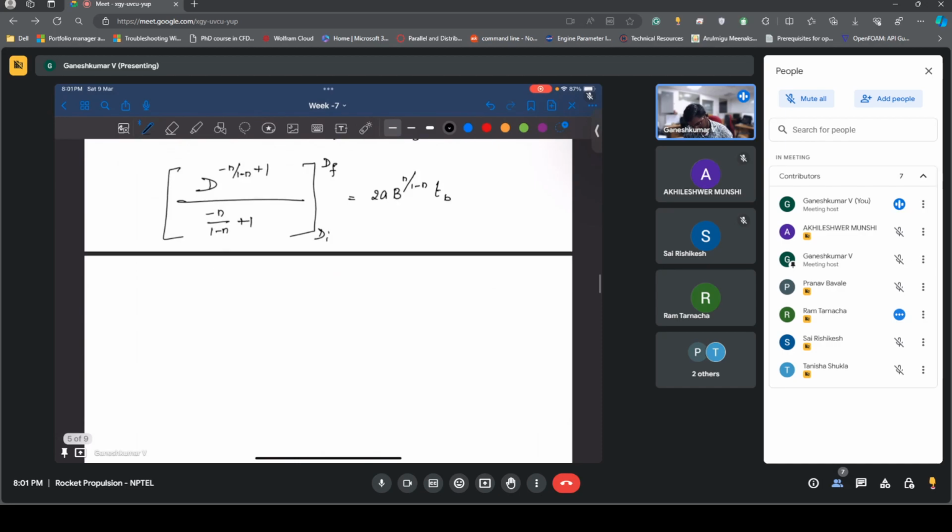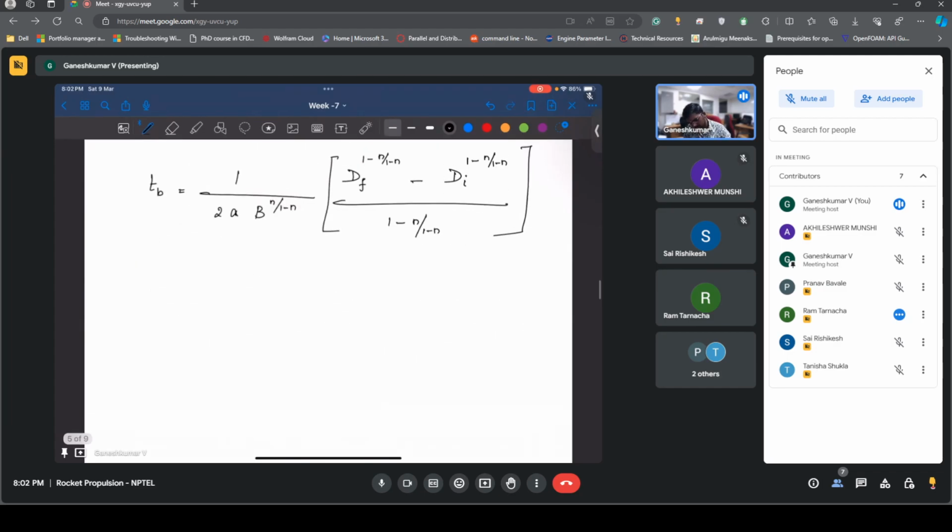We are interested in tb, the burning time, which is equal to 1 divided by 2ab n by 1 minus n into df power 1 minus n by 1 minus n minus di power 1 minus n by 1 minus n, whole divided by 1 by n by 1 minus n. That's it. You just substitute all the values here and you will get the answer.